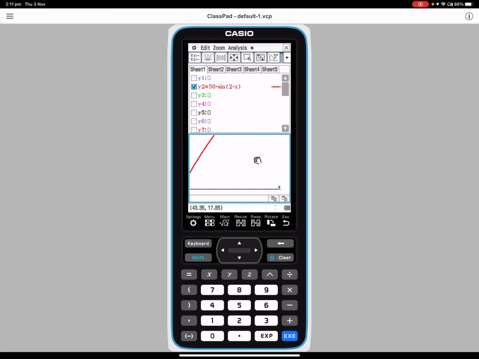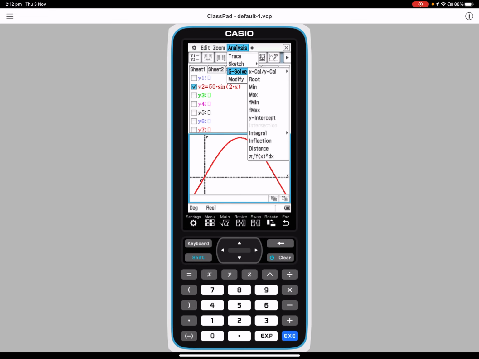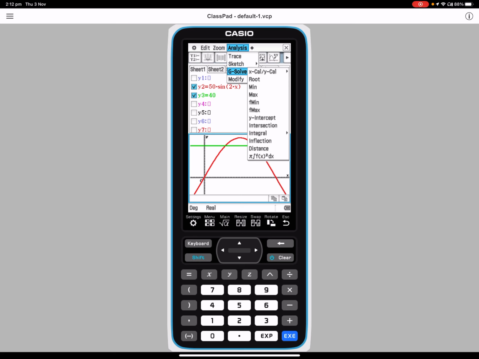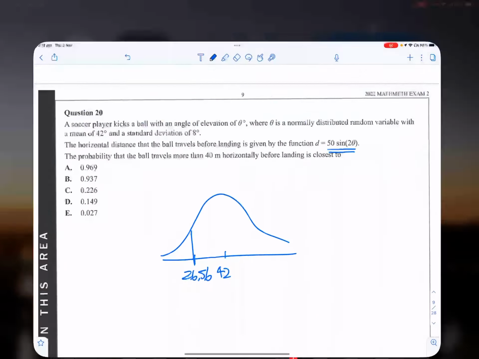Zoom out. Zoom. Okay. X-intercept. Actually, let's say, where's 40? D-sol intersection. 26.565 to 63.435.